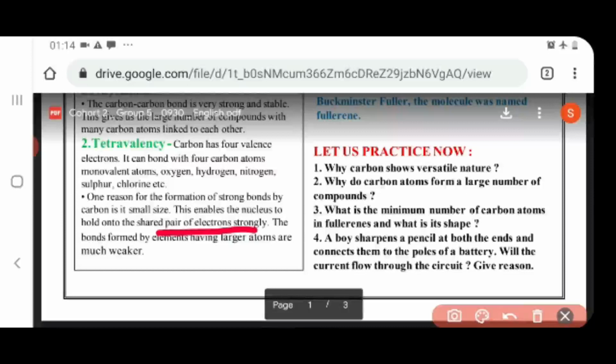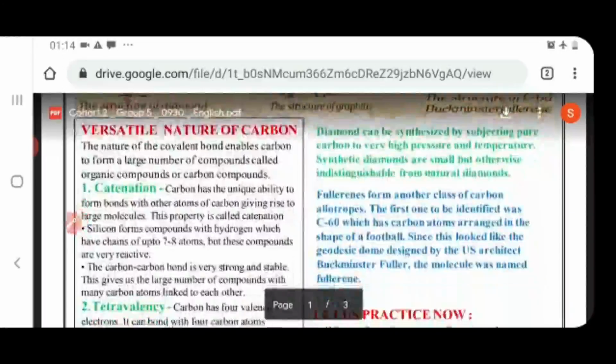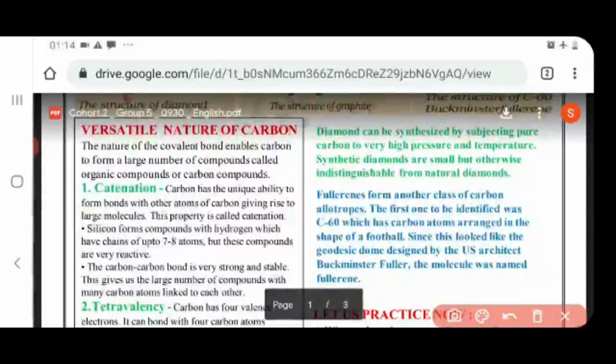Okay, clear? Now let's come to the other part of the worksheet. Here in green you can see diamond can be synthesized by subjecting pure carbon to very high pressure and temperature.